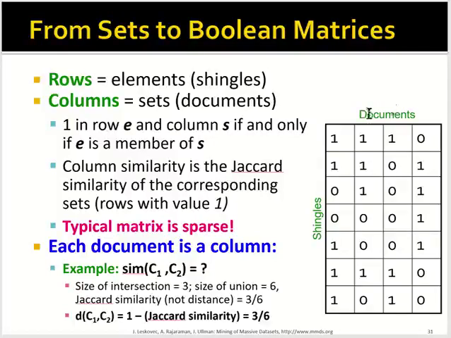For example, if we have this document here, and the document is composed of 3 vectors, represented with columns, and each row represents the elements like shingles.